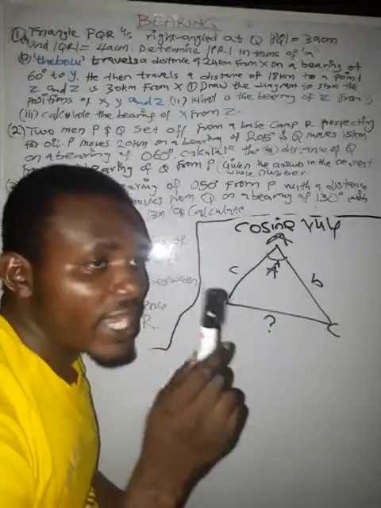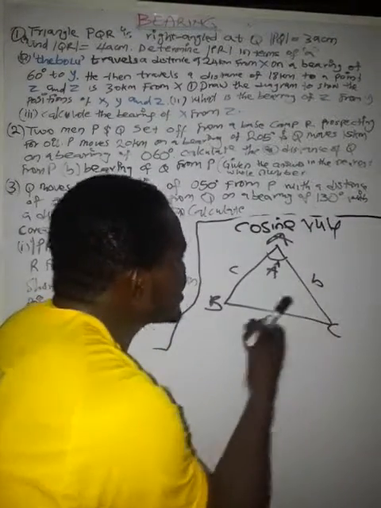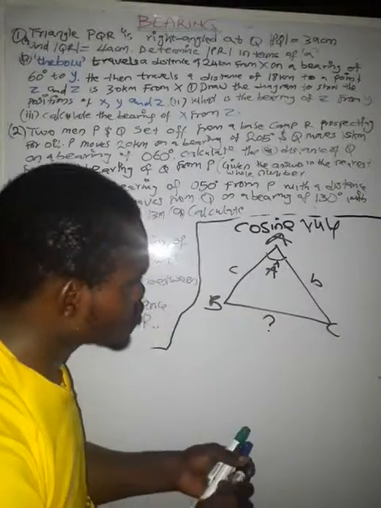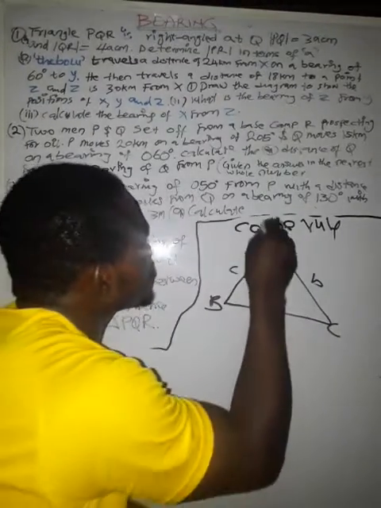So you can use the cosine rule if you have two sides with one included angle. So what does the cosine rule say?